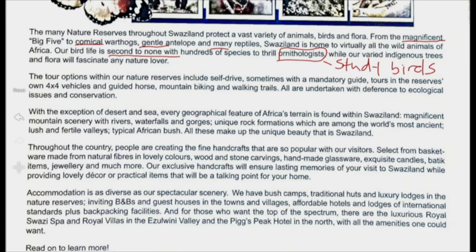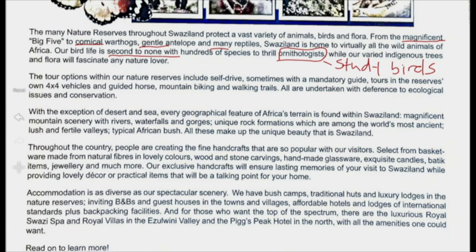All right. So while our varied indigenous trees and flora will fascinate any nature lover, the tour options within our nature reserves include a self-drive, sometimes with a mandatory guide, tours in the reserves' own 4x4 vehicles, and guided horse, mountain biking, and walking trails. All are undertaken with deference to ecological issues and conservation.